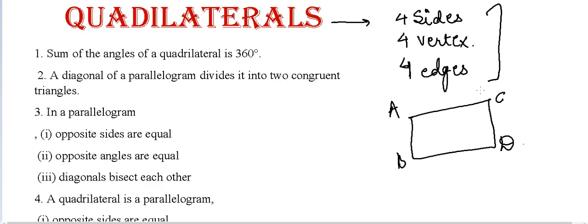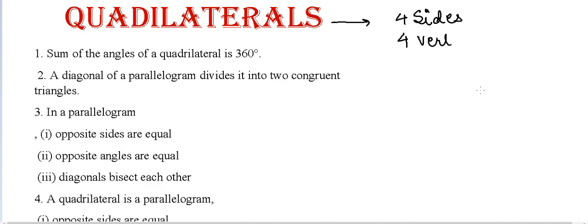And next, in this video we are just dealing with the properties of quadrilaterals. The types of quadrilaterals and their descriptions were given to you in the previous videos, right? So in this we are just dealing with some important properties of quadrilaterals. The very first property is that the sum of angles of a quadrilateral is 360 degrees, right?